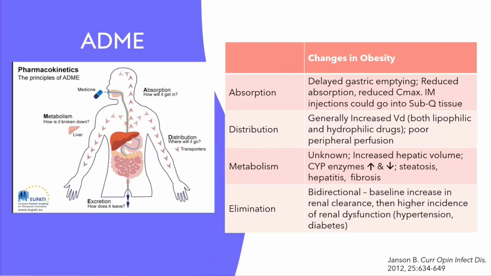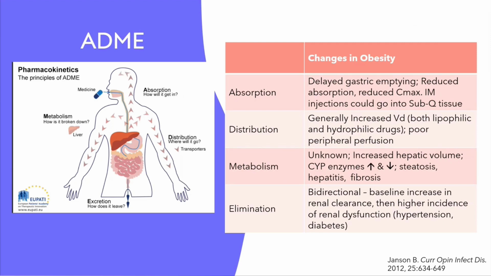When it comes to pharmacokinetics, or the movement of drugs in the body, what is the body doing to the drug? We usually think about these phases of ADME: absorption, distribution, metabolism, and elimination. Starting with absorption, there really is little data on changes in absorption in obesity. Obese patients have been shown to have delayed gastric emptying.